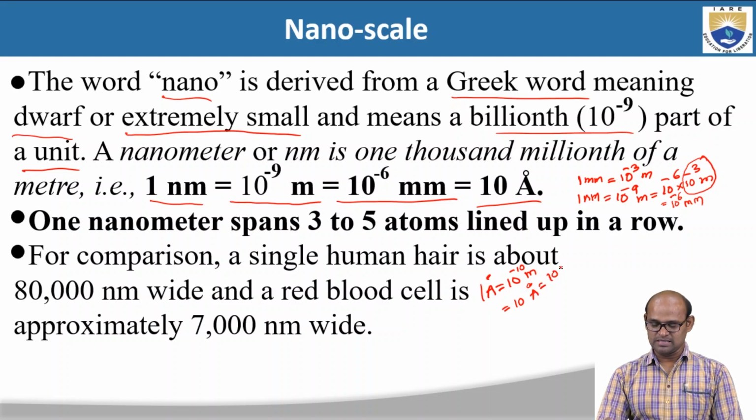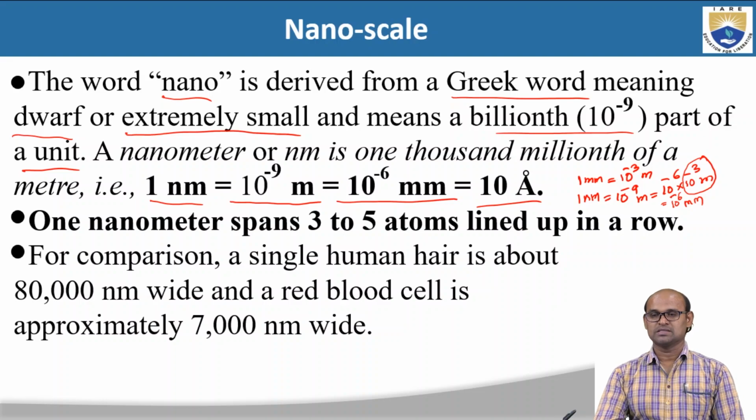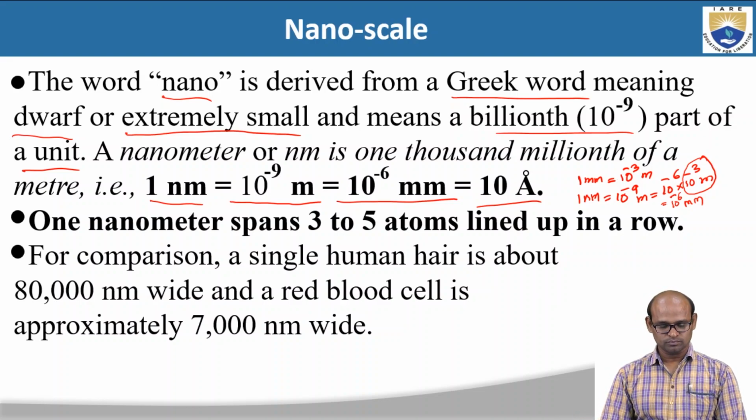You can understand why it is 10 angstroms. So 1 nanometer is 10 angstroms, or 10 power minus 9 meters, or 10 power minus 6 millimeters.